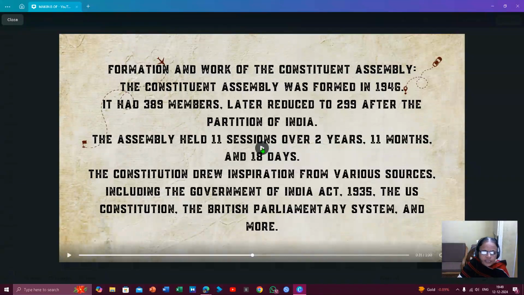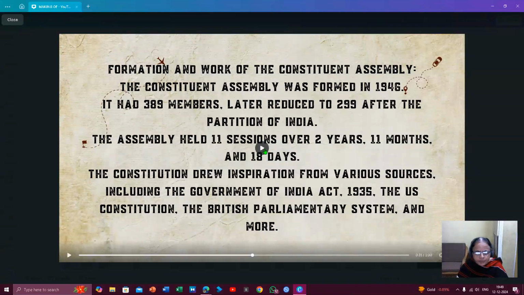It had 389 members before independence. Then, when India was partitioned, some of the assemblies were given to Pakistan, so it was reduced to 299 members.